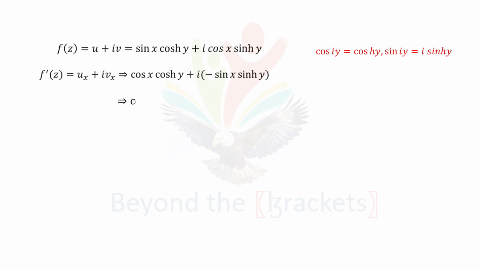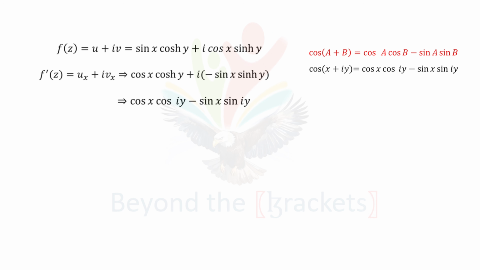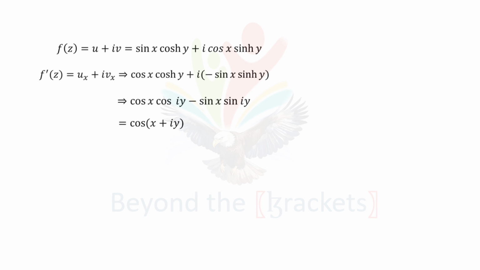Here cos hy can be written as cos iy and i sin hy can be written as sin iy. So this is of the form cos a cos b minus sin a sin b, where a is x and b is iy, which is the expansion of cos of x plus iy. Replacing x plus iy with z, this becomes cos z. So we have obtained the derivative of f of z equal to sin z as f dash of z is equal to cos z.